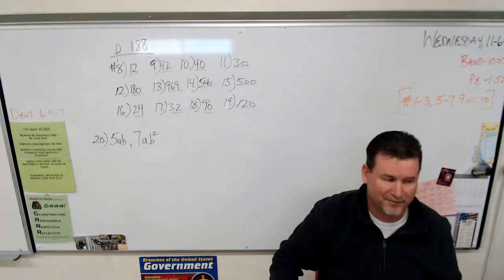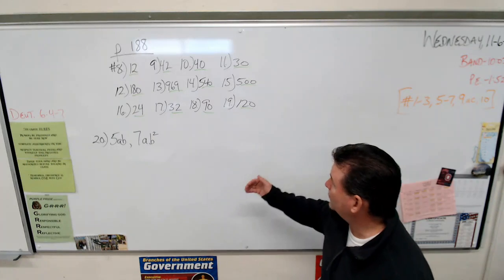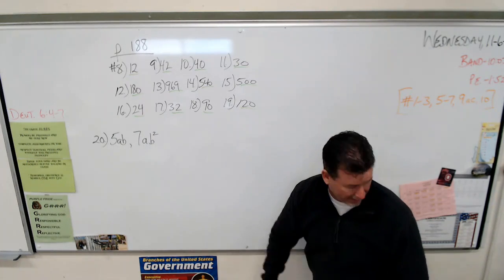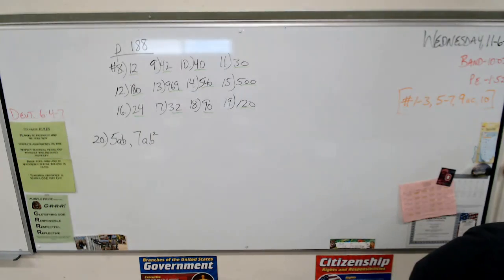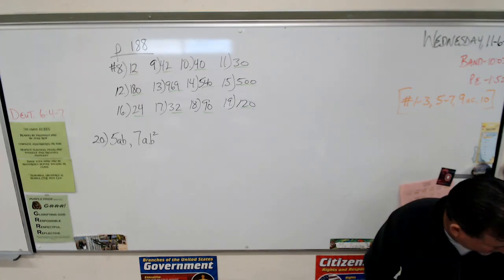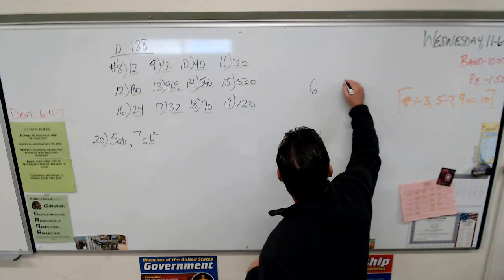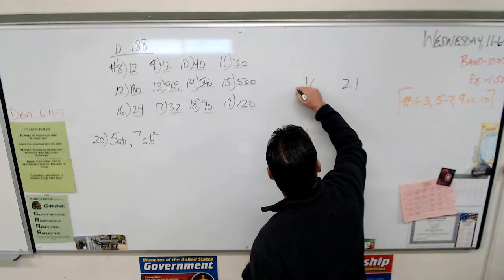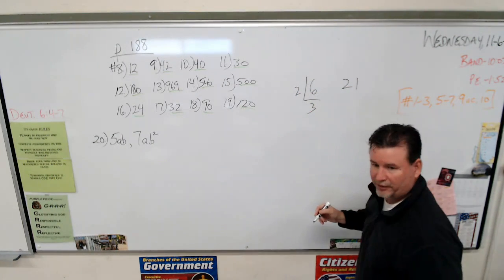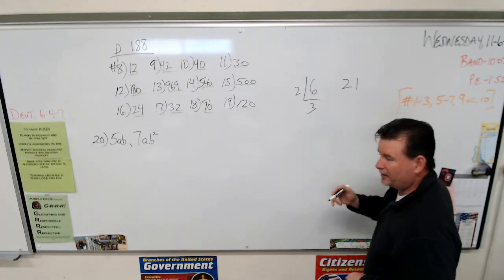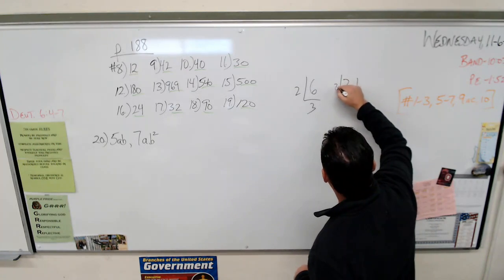Yes? You don't understand 9? Okay, 9. Your two numbers are 6 and 21. So, you mind if I do it this way? I'd like to change it up so that you realize it doesn't always have to be a tree.